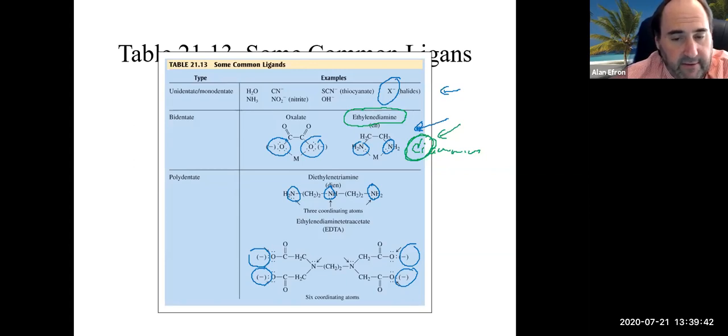Same thing with ethylenediamine, or en: the 2 nitrogens can each bind to the metal, giving 2 per ligand. We also see some that are polydentate, which means they bind in more than 2 places. There's dien, which can bind in 3 places, at each of those nitrogens.